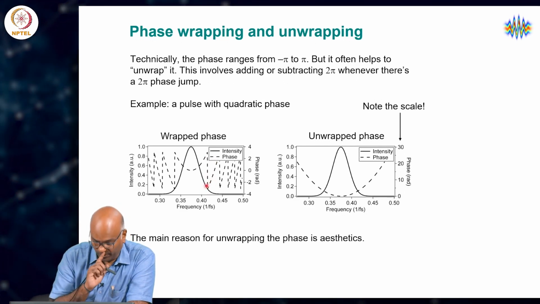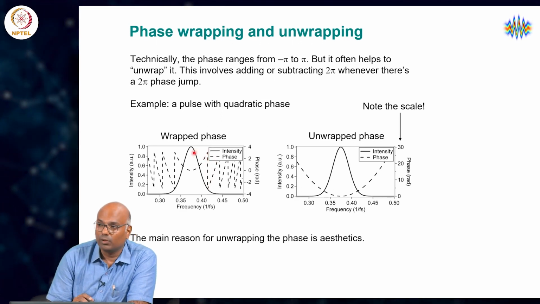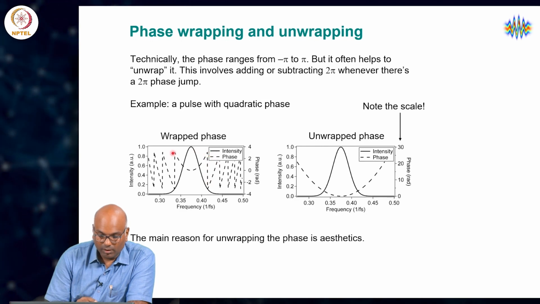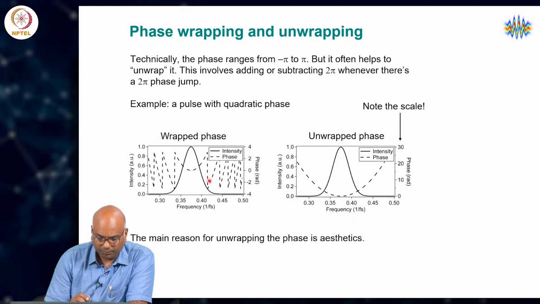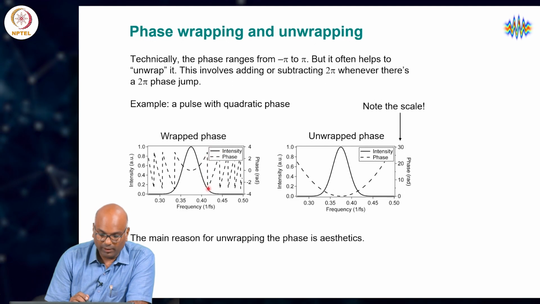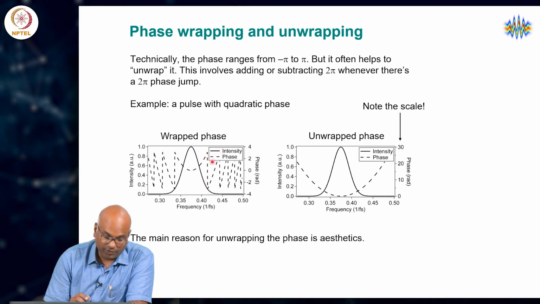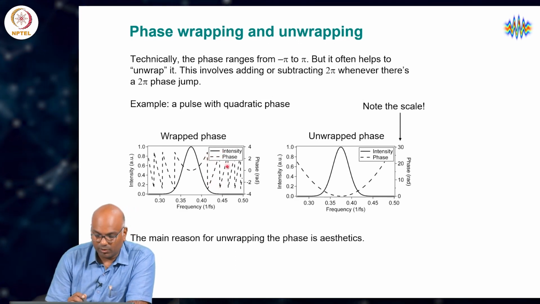It's only owing to the fact that phase being measured always will roll back from, if we use minus pi to pi, then at every pi it rolls back to a minus pi, or if it's 0 to pi, you go from 2 pi to a 0, and then it jumps back, and so on and so forth.